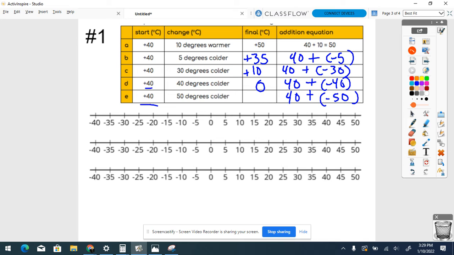So I start at 0. My first arrow points to our starting number, which is 40. And now I'm going to go down 50 degrees, which means I'm going to go to the left towards the negative numbers. So 5, 10, 15, 20, 25, 30, 35, 40, 45, 50. And my arrow points at negative 10.